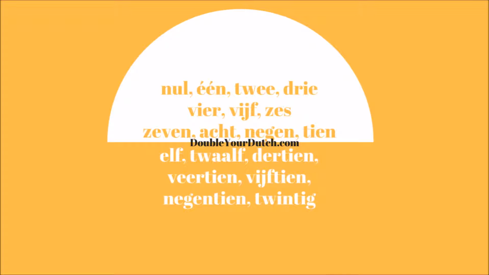Let's go beyond that a little bit. Exceptions are 11, 12, 13, 14. Because of course if you dissect that, der and veer are not really 3 and 4, but they're variations of it.